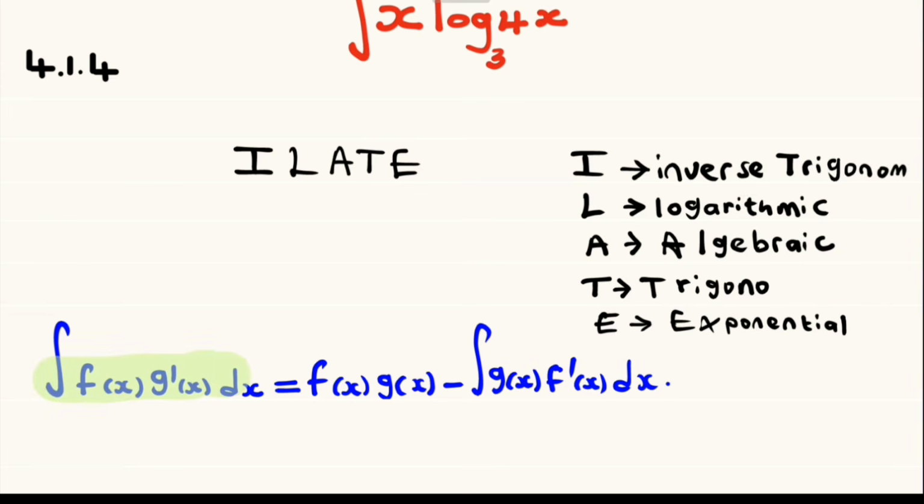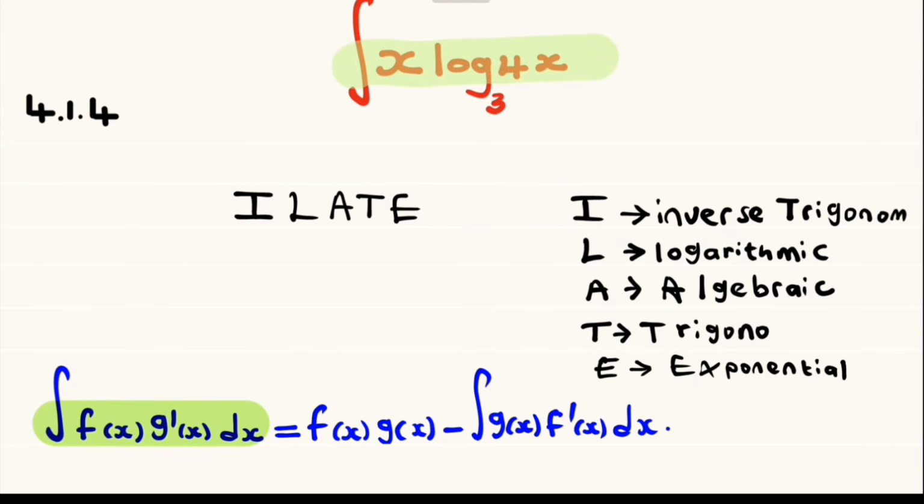This formula for integration by parts corresponds with our integral x log base 3 of 4x. So we have to determine which one between the f of x and the g prime of x will be equal to x, and which one will be equal to the log base 3 of 4x.